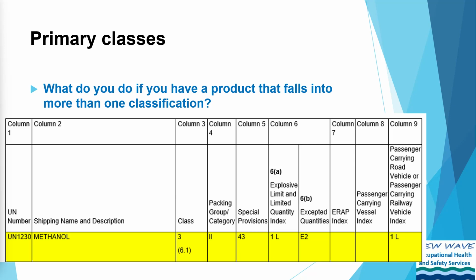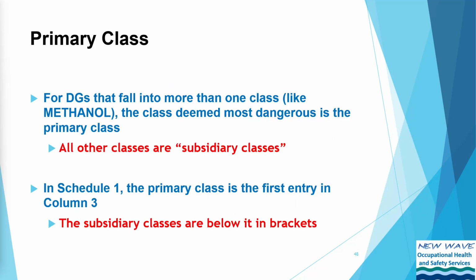But why is 3 the primary class? The basic rule is that for dangerous goods that fall into more than one class, like methanol, the class deemed most dangerous is the primary class. All of the other classes are subsidiary.